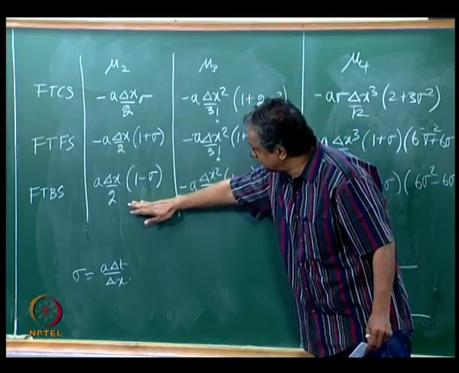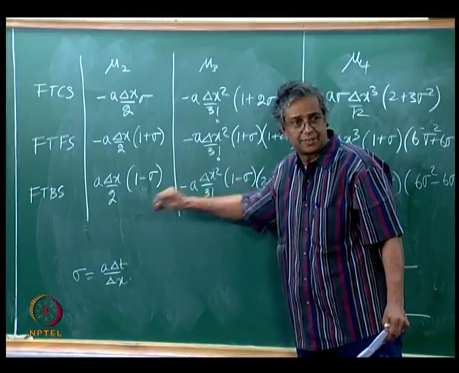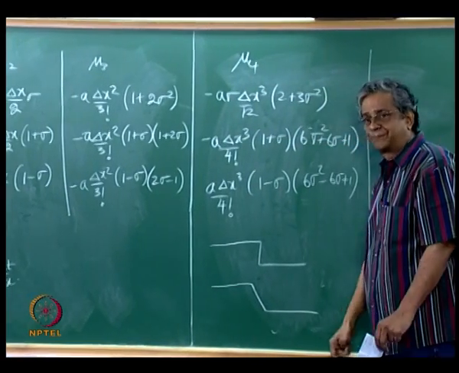And in this case, for sigma between 0 and 1, this coefficient being positive, that is the reason why this thing is working. Okay. So there seems to be a case for upwinding, that is one thing.